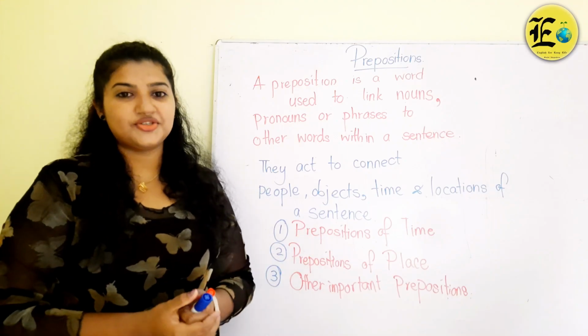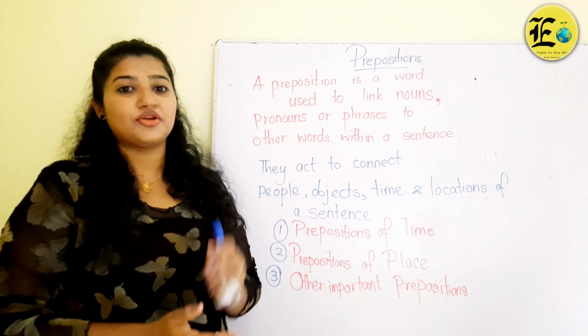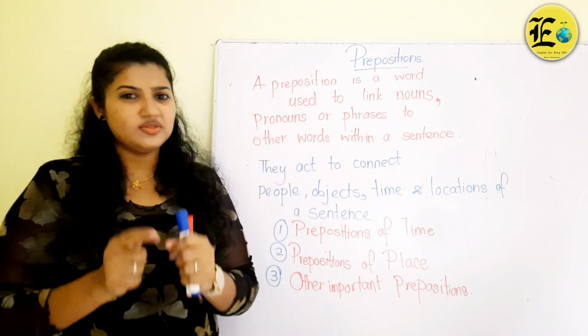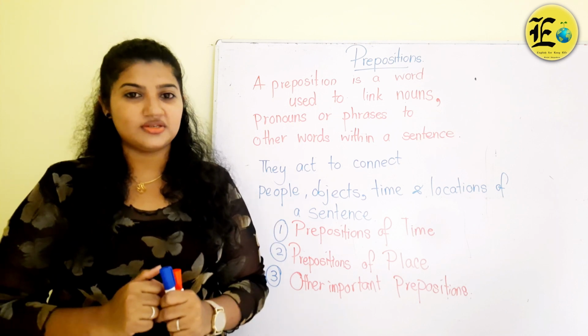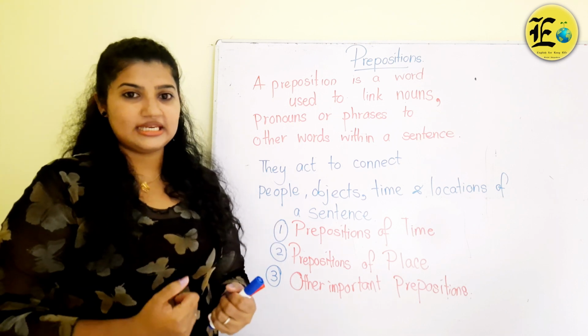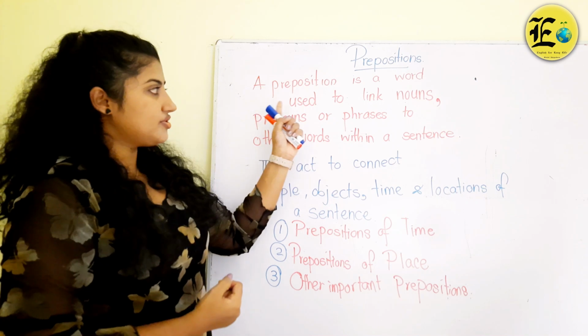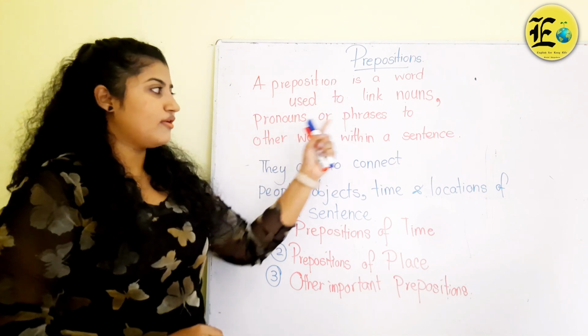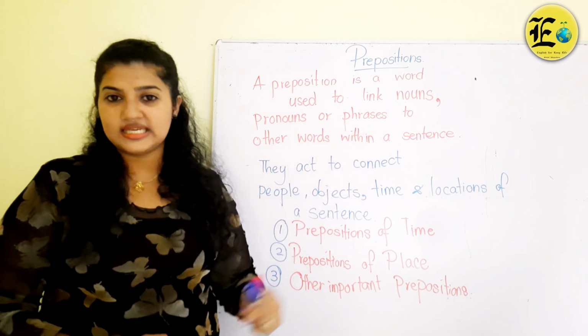Welcome back to our classroom. So now let us discuss our fifth important topic, which is the prepositions. If someone asks you what a preposition is, how would you be able to define it? Let's see. A preposition is a word used to link nouns, pronouns or phrases to other words within a sentence.